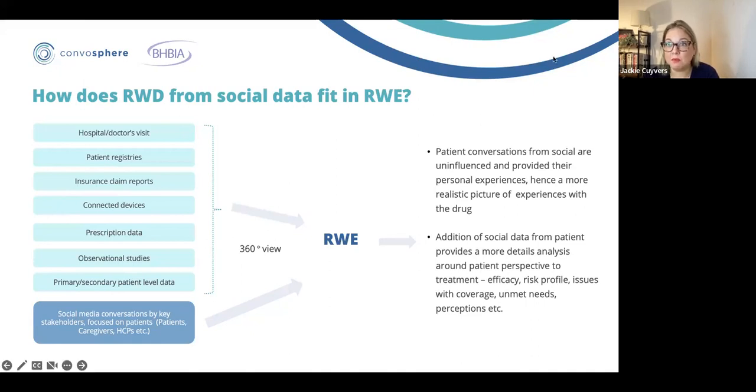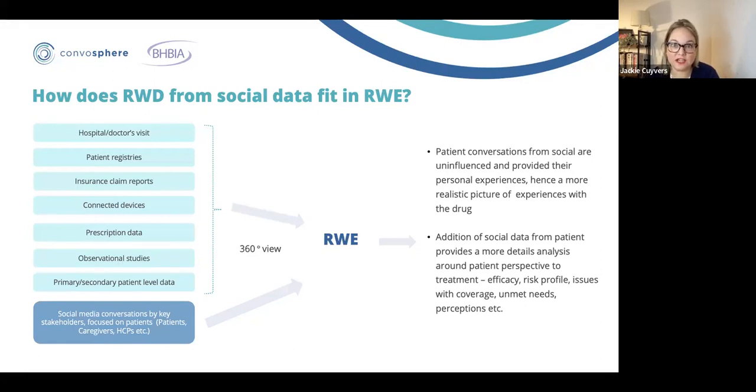So it's providing this additional layer that shows the patient perspective around efficacy, risk, issues with insurance coverage, unmet needs, and perceptions that may not be visible from these other sources that we've traditionally used for real-world evidence, because these other sources, the hospital visit, the patient registries, don't accurately reflect the patient's own language and the complete view of the interaction, since it's not recorded by the patients themselves.